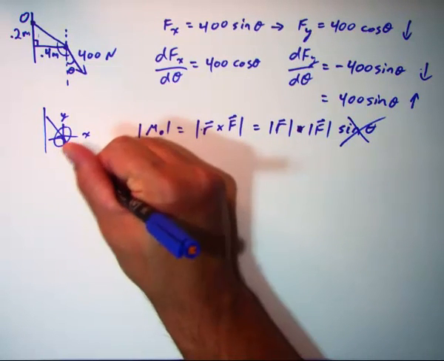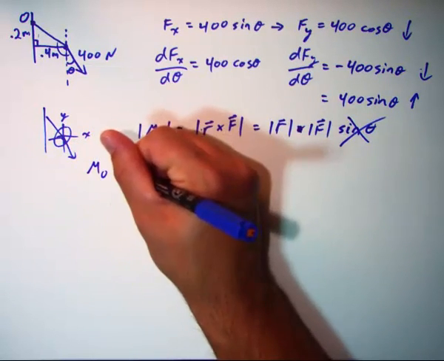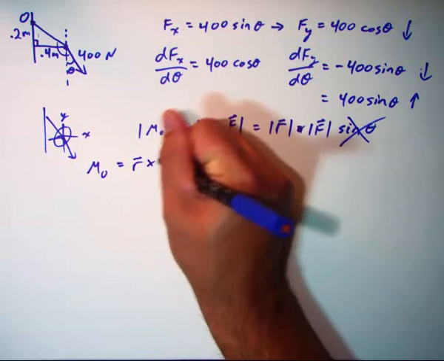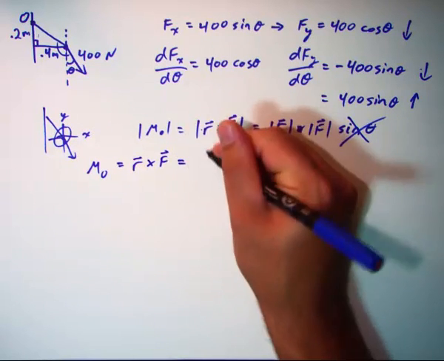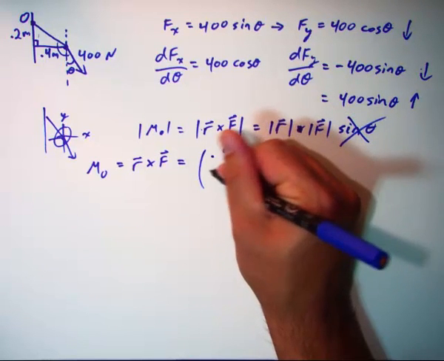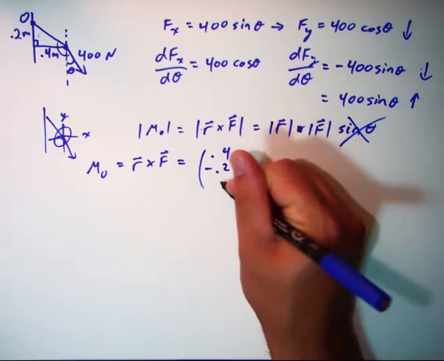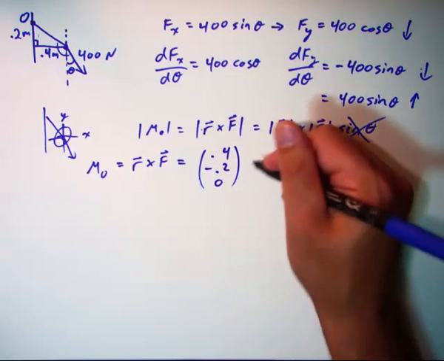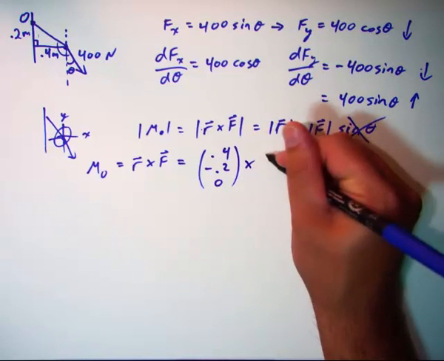Something that would be easier for us is to just figure out the moment itself. The moment is equal to r crossed with f. R is pretty simple. We move 0.4 to the right, we move negative 0.2 up, and then there isn't a vertical component just yet.